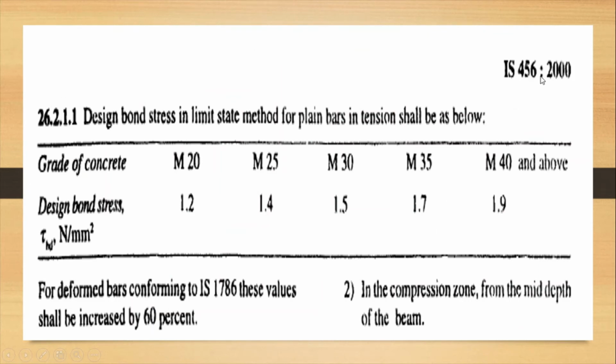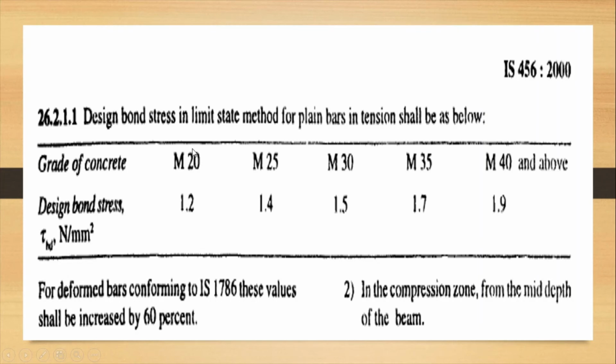As per IS 456 2000, when we go to clause 26.2.1.1, here we see design bond stress in limit state method for bars in tension shall be as below. Design bond stress is represented by tau bd.